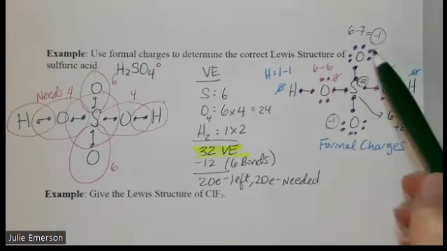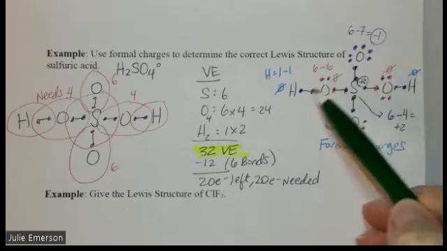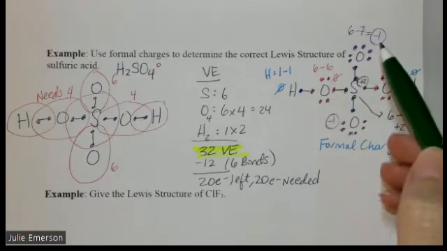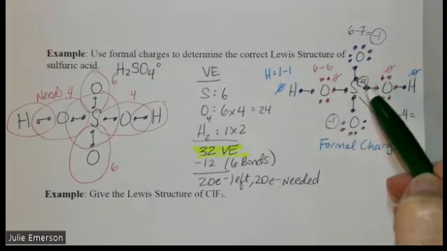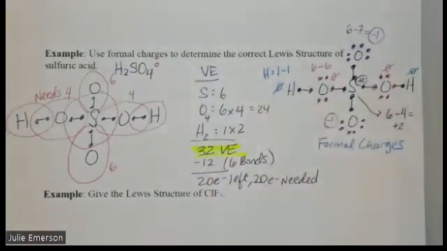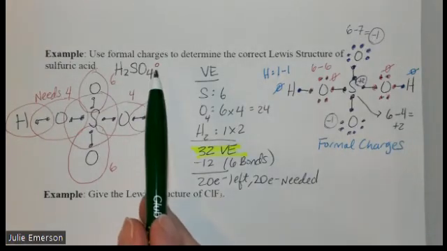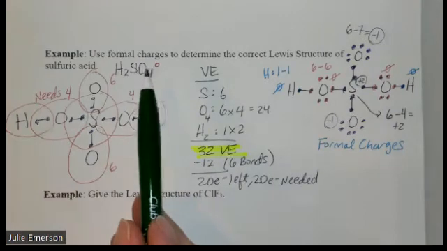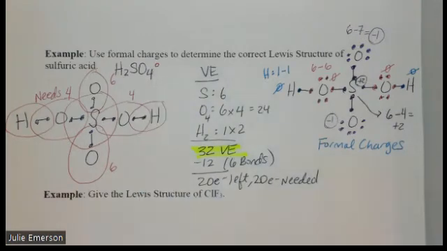If I look at all my formal charges, 0 + 0 + 0 + 0, those are all 0. -1 + -1 + 2, that all goes to 0. So that matches the charge on the molecule. So this is right. I did my formal charges correctly, because your formal charges should sum to the charge of the compound, which would be 0, or the ion if it's a polyatomic ion.